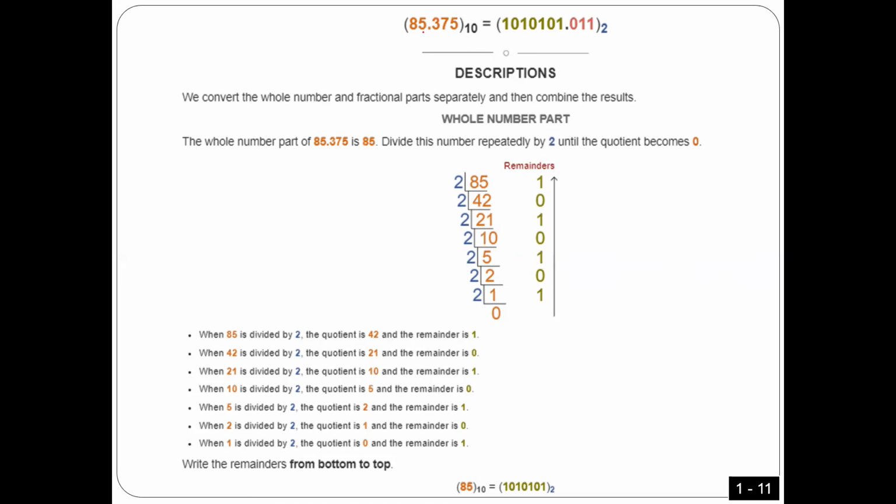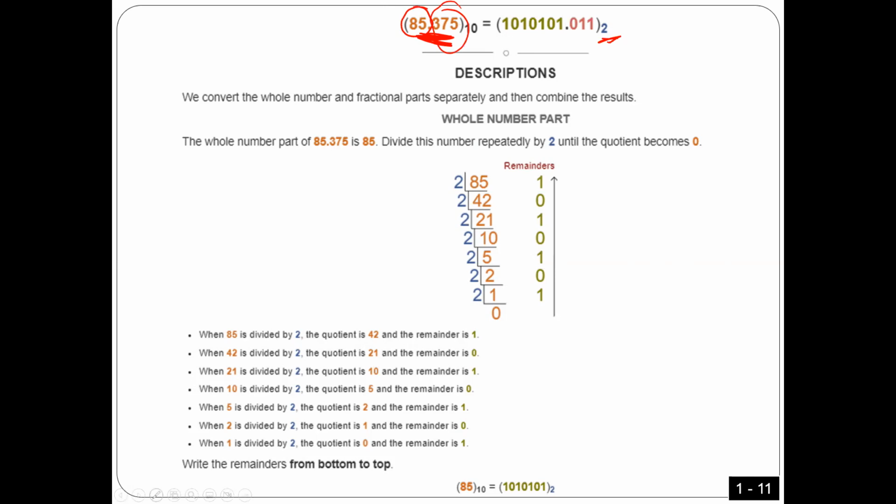So look here at how I convert this number from decimal to binary. What we do here is convert the integer part and the part after the decimal separately. They are going to be separate. So I'm going to show you how.